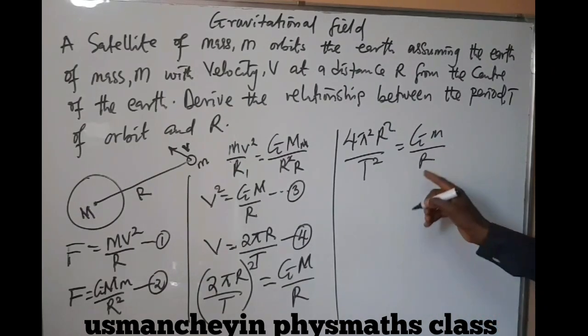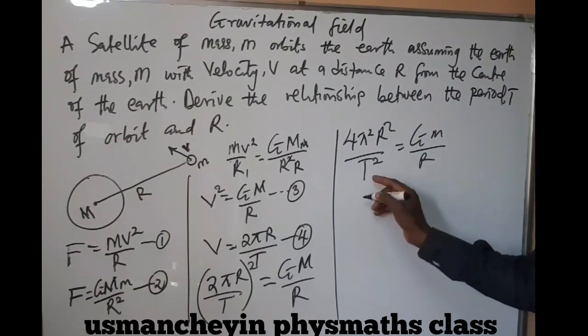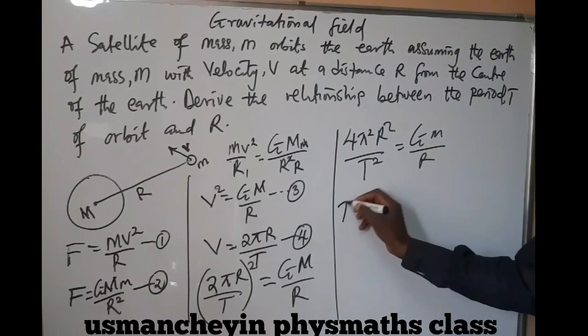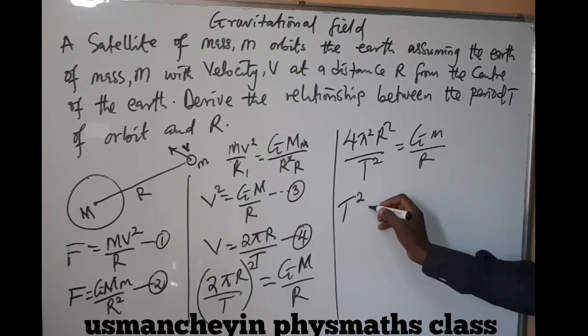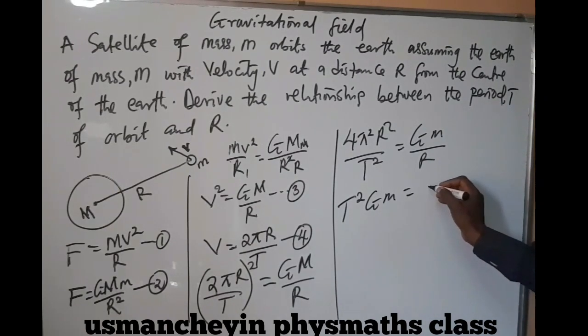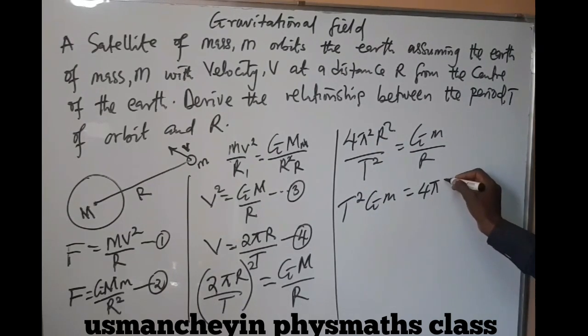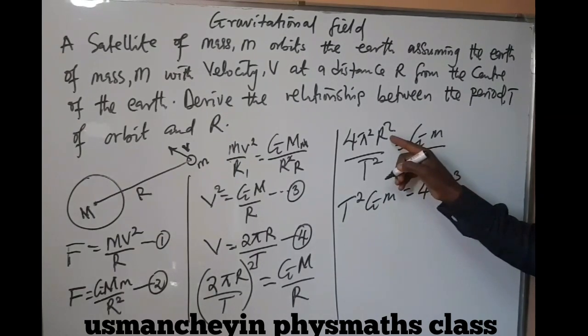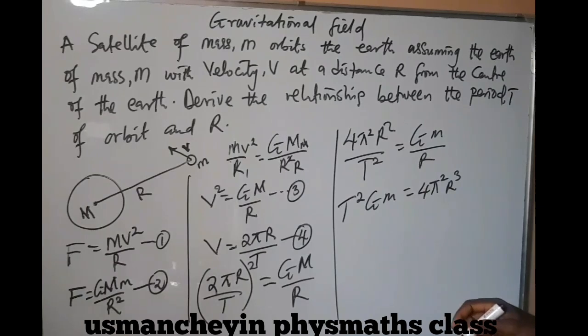All right, so from here I'll do some little arrangement so that this should multiply this, so I have T square G M equal to this multiplied by this. I'll have 4 pi square r raised to power 3, because r multiplied by r square will be r raised to power 3.